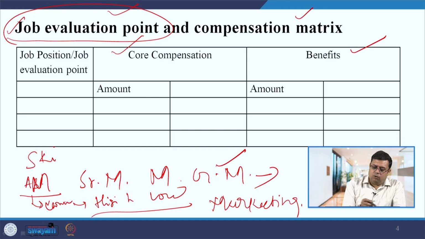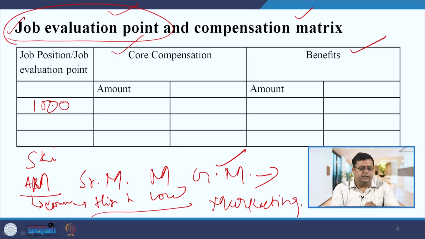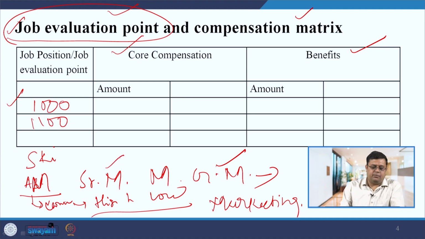And what I am trying to make you understand is, for the job worth that you have decided, for example, for a manager you decided 1000 points, for senior manager you decided just 1100 points, right. So, this is the job worth that you have calculated. Now, in the case of salary, there is a huge difference, 40k and 80k, right.